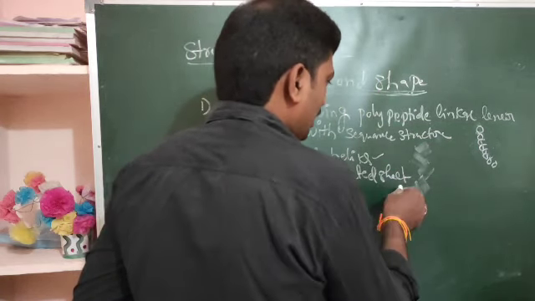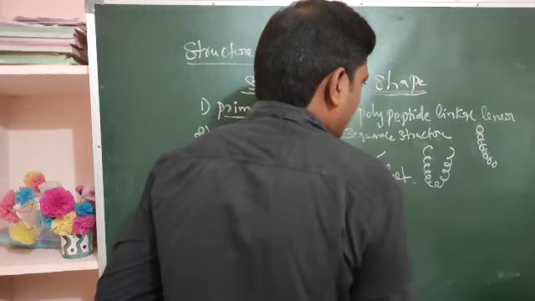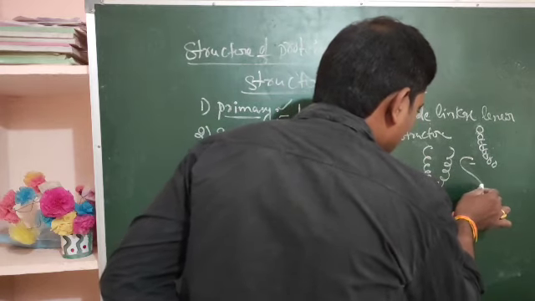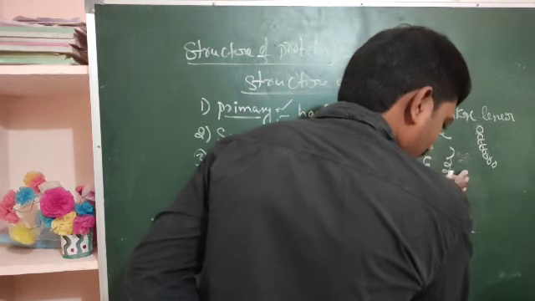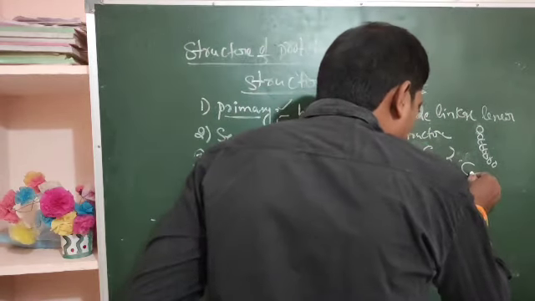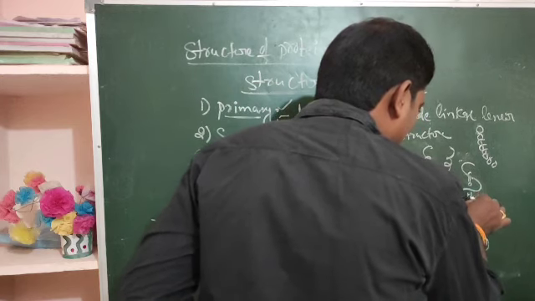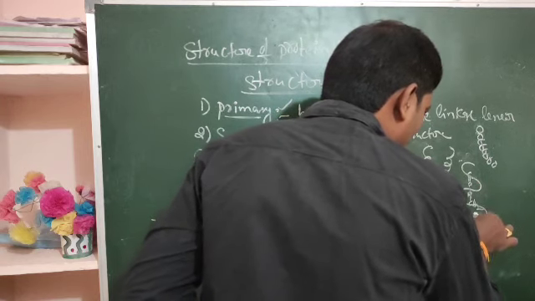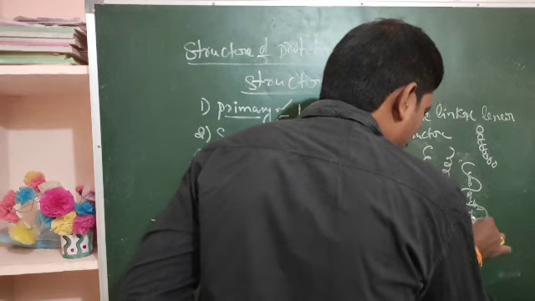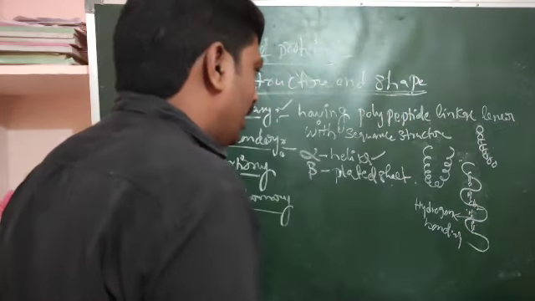Here there is a carbon double bonded to O and a hydrogen. Between this hydrogen and this oxygen, that means hydrogen bonding is present in the alpha helix structure.